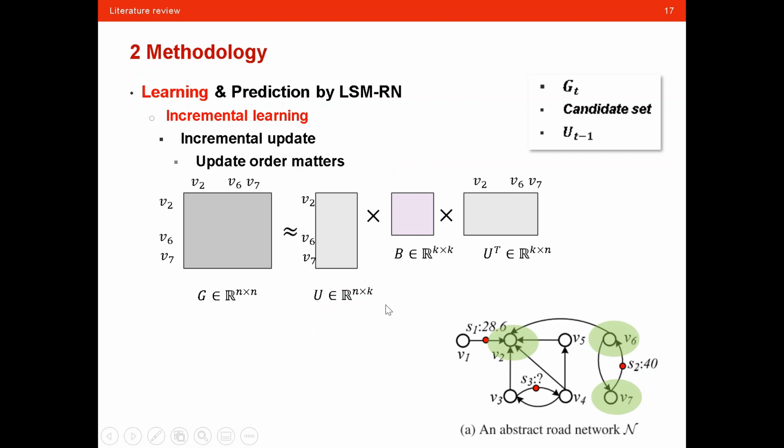In addition, the authors point out that the update order does matter. Let's have an intuitive example here. Here is the matrix factorization proposed by the paper.